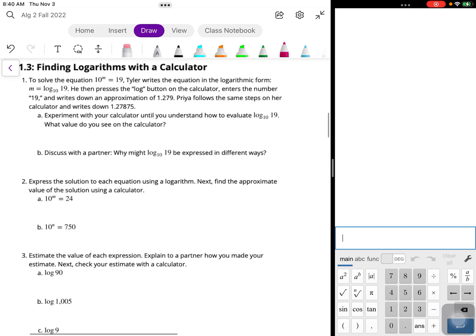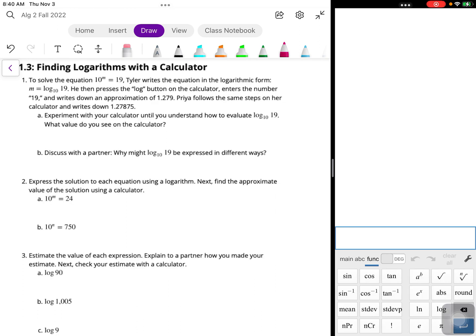All right, so on here, remember that logarithms are functions, so we need to tap on the function button to be able to get to logarithms, and you can see logarithm right there. When you tap that log button, that is automatically log base 10, right? You need to do something else if you need a different base, but this is log base 10.